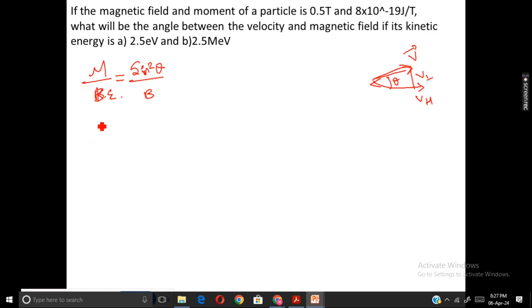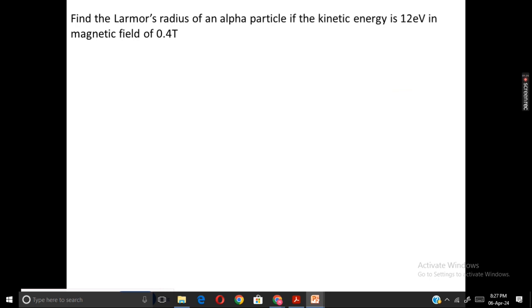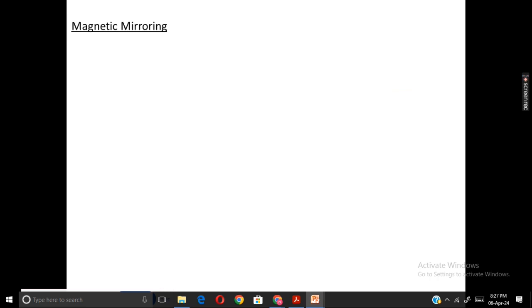So basically, the basic idea was that the magnetic field has the ability to keep the magnetic moment conserved.